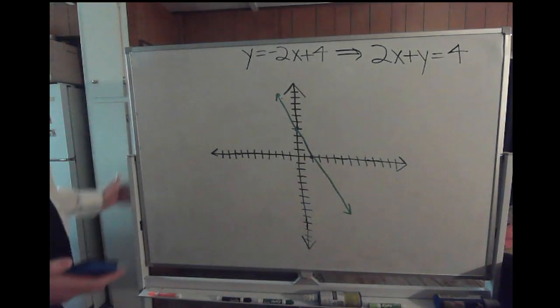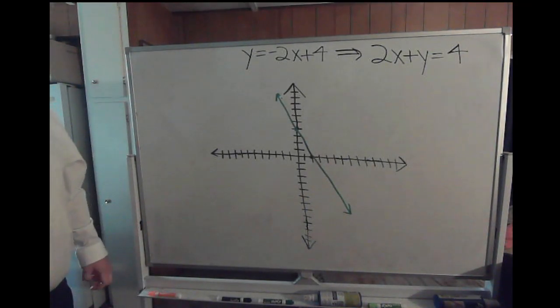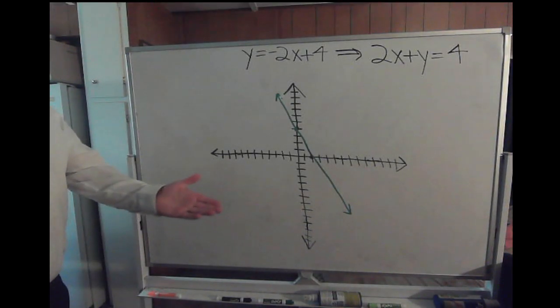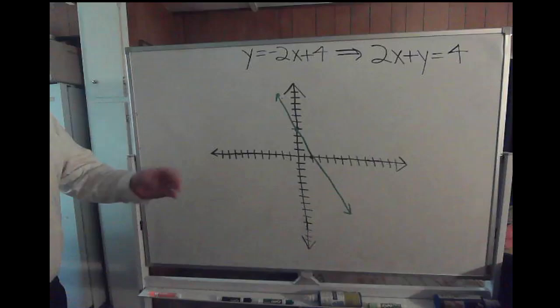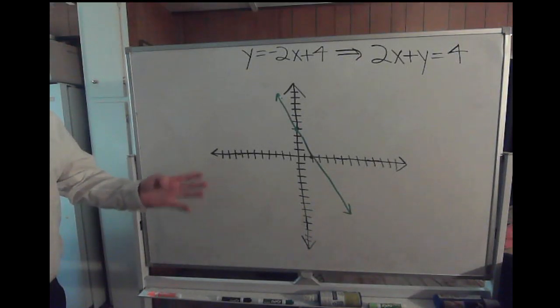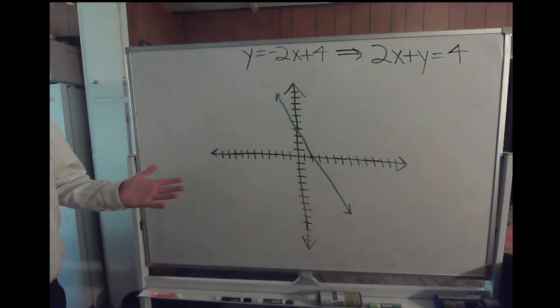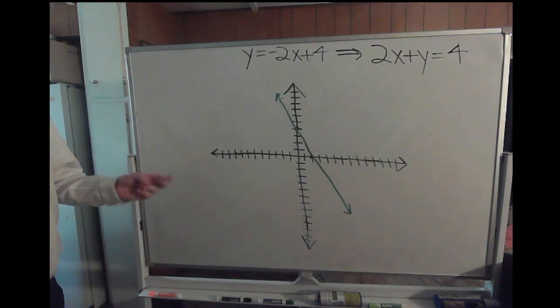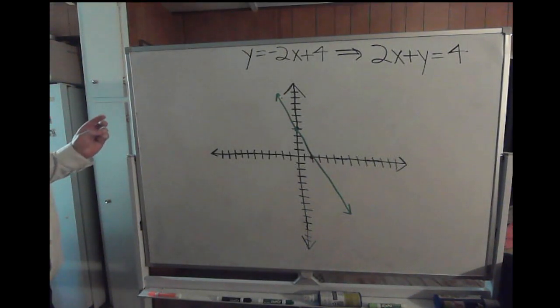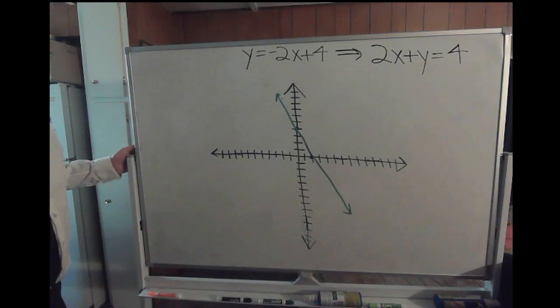Now, I will say, you don't have to just pick your x and y intercepts. You can make x equal to 1 and solve for y, or y equal to 1 and solve for x. That is fine. The possibilities are endless, literally, but it is easiest to pick your x and y intercepts. That's why we're doing that.